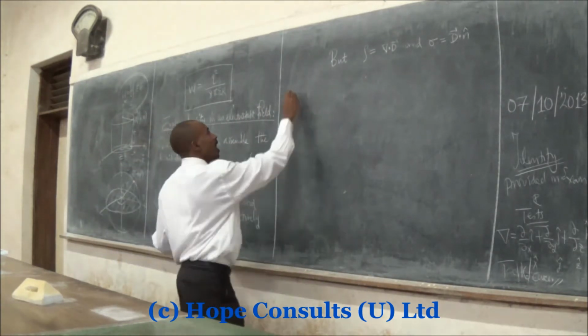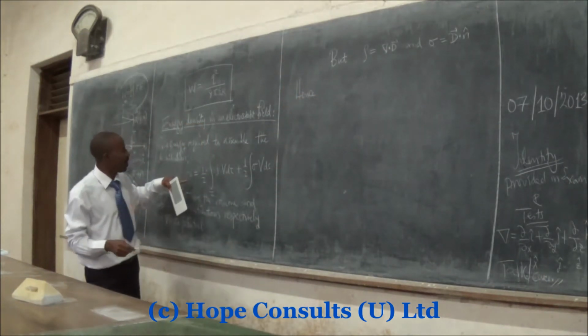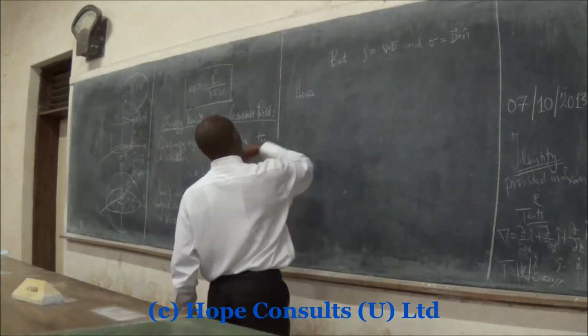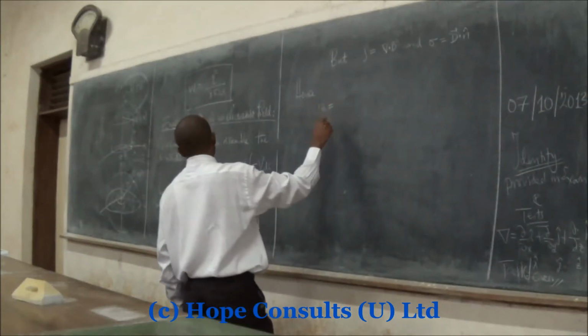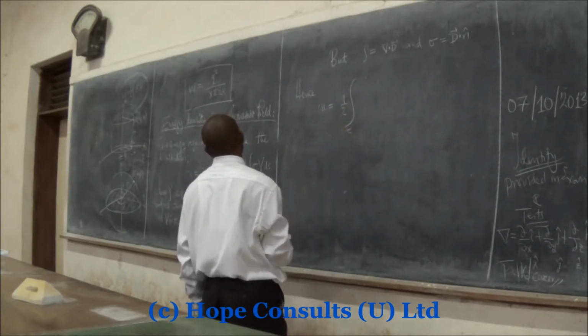So if we do that, then our definition of our energy required will be, we substitute for rho, so that would be U is equal to a half integral over the volume tau.